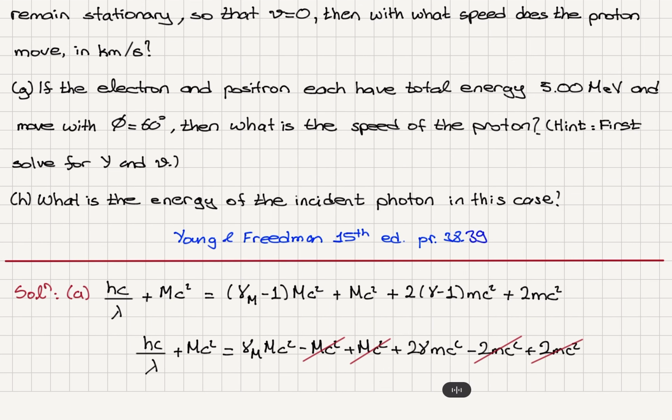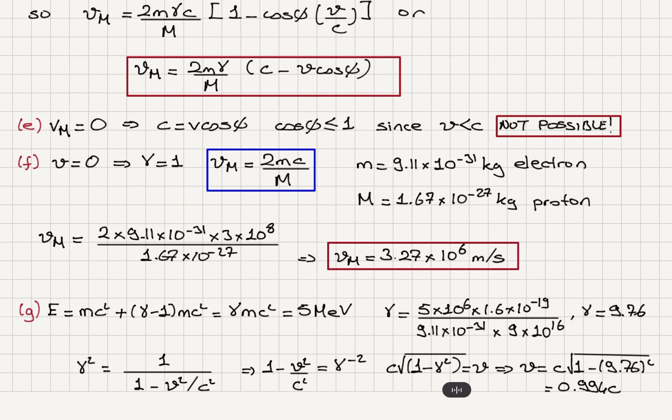In part G, we had 5 mega eV energy for the electron and positron and 60 degrees scattering angle. Then what is the speed of the proton? So we solved noting that the total energy of an electron here is gamma m c square, calculated gamma to be 9.76. And then we have solved for v over c. 1 minus v square over c square is gamma to minus 2.